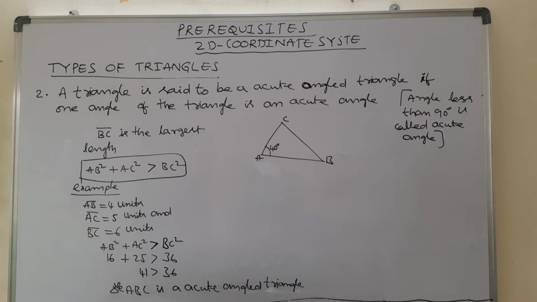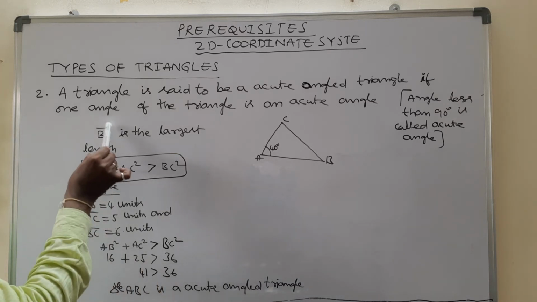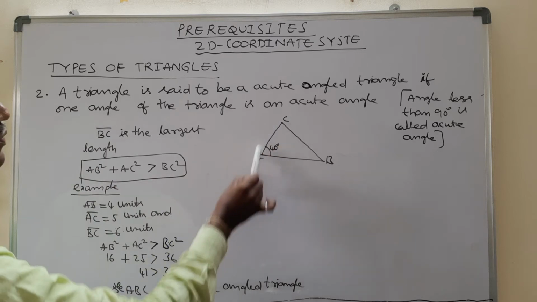Here the value of AB, 4 square, 16, plus AC, 5 square, 25, greater than BC, 6 square, 36. 16 plus 25, 41 greater than 36. Then the triangle ABC is an acute angled triangle. The comparison is with the largest side of the triangle.